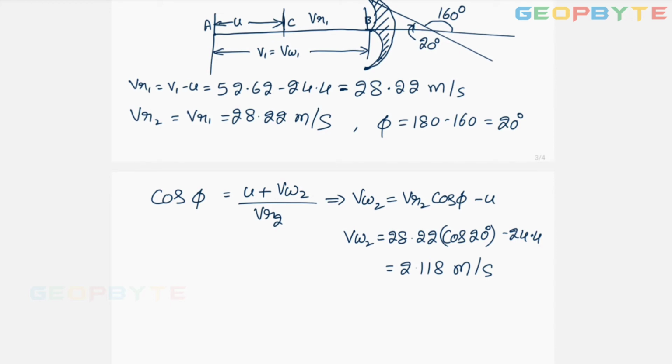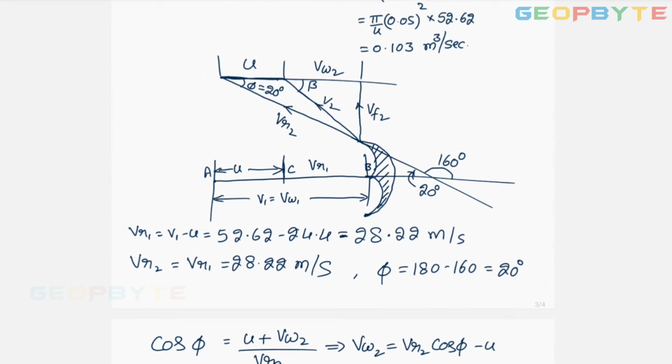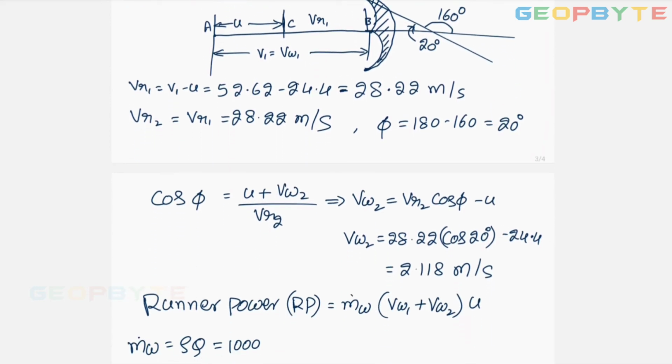Then power output. Power means here runner power. Runner power equal to mass flow rate of the water into VW1 plus VW2 into U. Mass flow rate of the water equal to rho into Q. Rho 1000, Q you got 0.103.